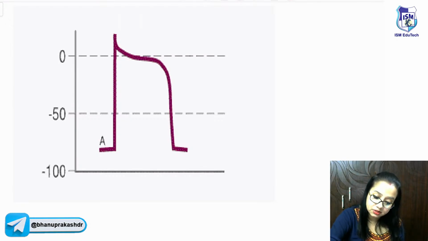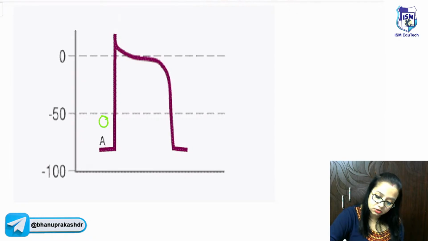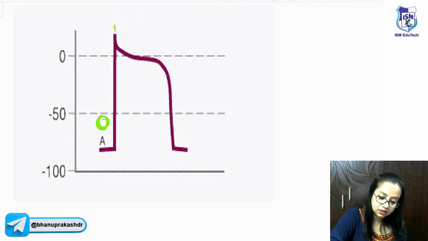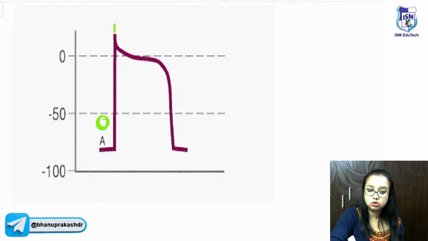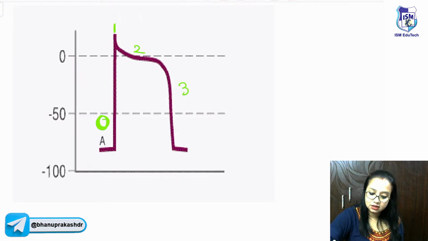Phase 0 is the upward stroke, and the notch that is seen is phase 1. The plateau, the sloping area, is phase 2. The downfall is phase 3, and the flattened one is phase 4. So they are 0, 1, 2, 3, 4.